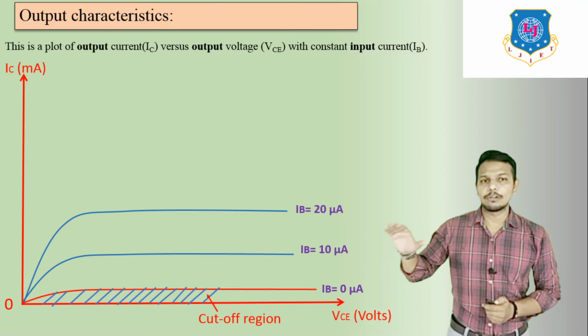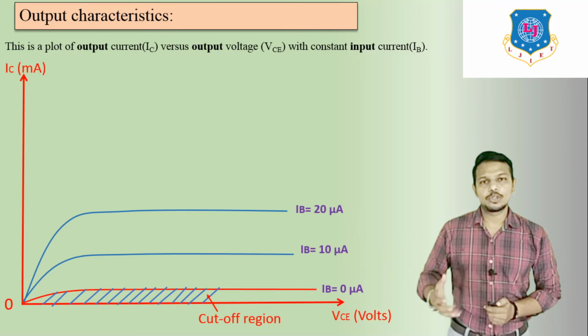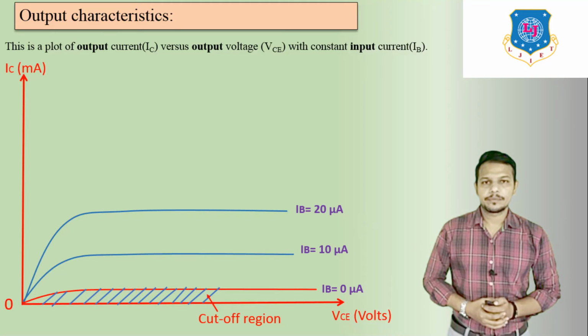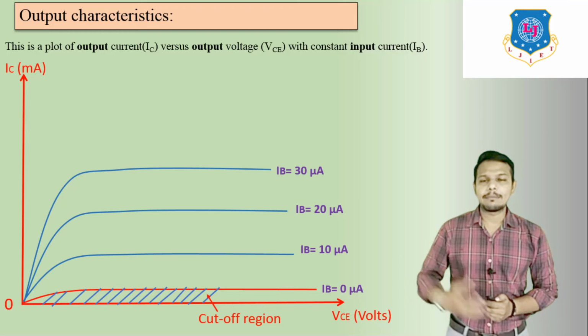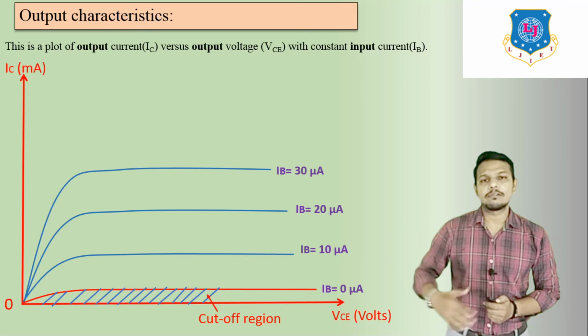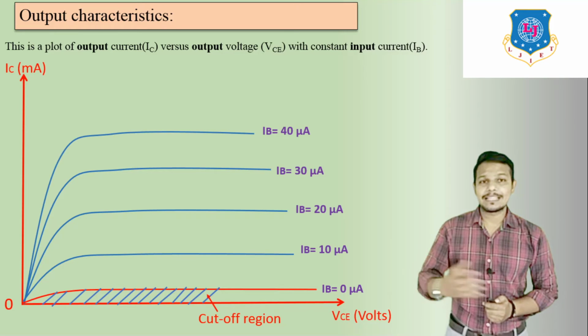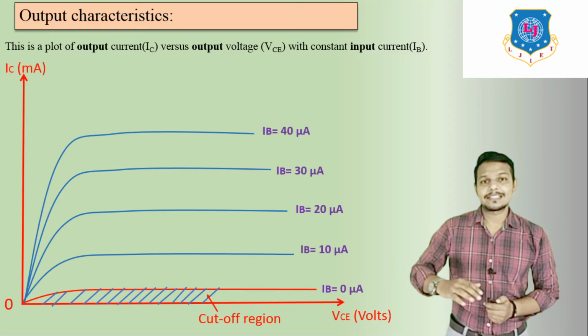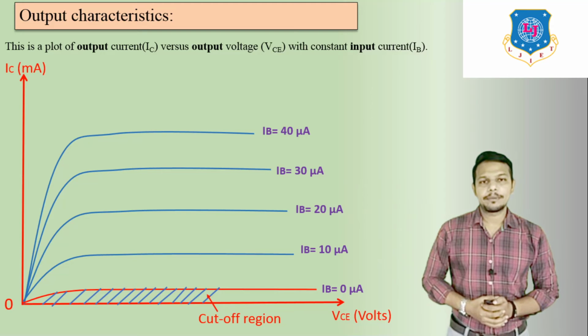Here IB is equal to 20 microampere. At this time your IC is equal to 2 milliampere. If IB is equal to 30 microampere, then your IC is equal to 3 milliampere. And IB is equal to 40 microampere, at this time your IC is equal to 4 milliampere.